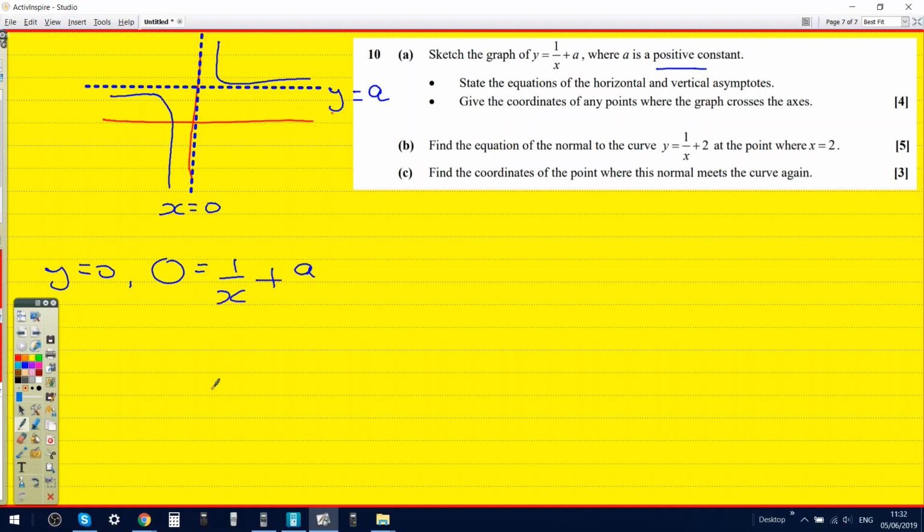And then you could just solve for x. X times 0 is 0, so you'd have to move the a over first. So 1 over x equals a, if you bring it to the other side, minus a. Yeah, that's a minus. So a equals minus 1 over x.